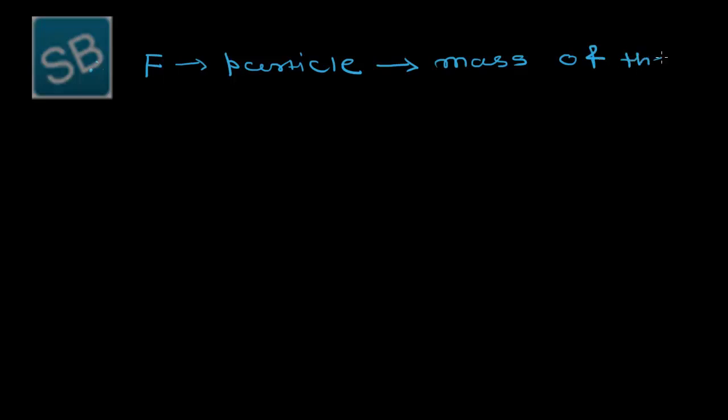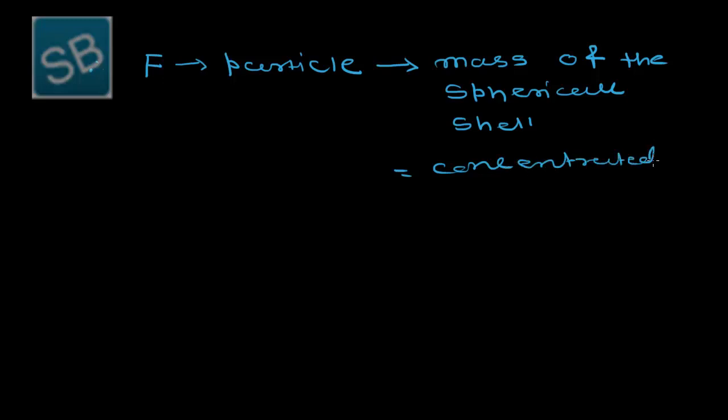Therefore, to find out the gravitational force on the particle, the mass we have to consider is the mass of the spherical shell, and this mass we will consider as concentrated mass at the center of the Earth.